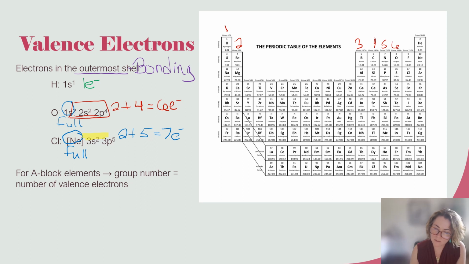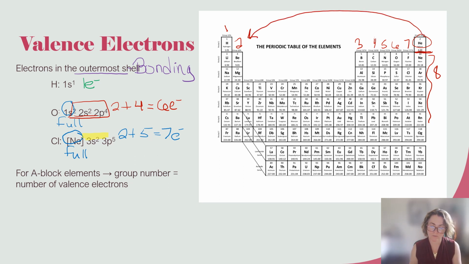Group 6, 6 valence electrons. Group 7 is 7 valence electrons. And now for the last column, it's 8 valence electrons, it's 8A. Just keep in mind that helium is a little different, right? Helium really should go over here.